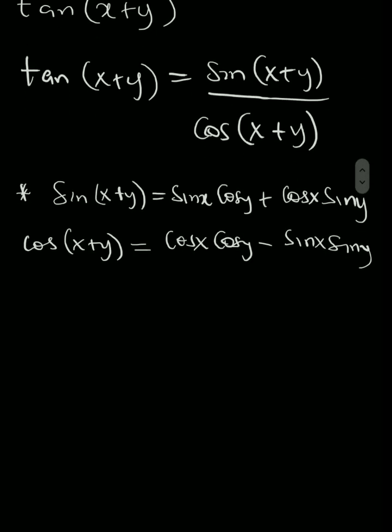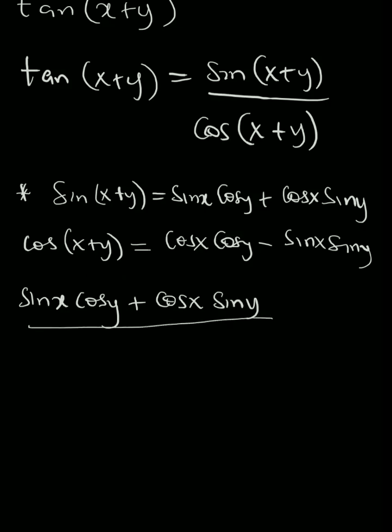Now since we know what the numerator and the denominator are, we'll substitute these two values. Hence we get sin x cos y plus cos x sin y, then we divide by cos x cos y minus sin x sin y.